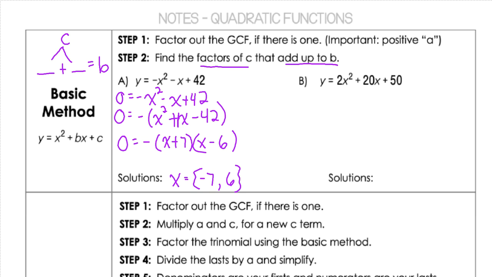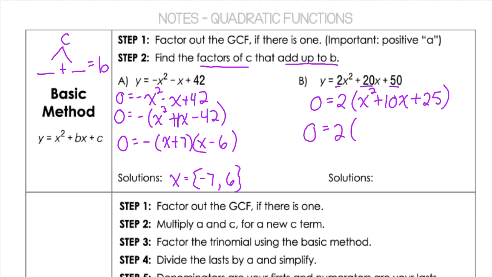Okay, let's try another one like that. On this one, I can see that 2 out in front. So I'm going to set it equal to 0, and I'm going to factor out that 2. Dividing each term by 2, it's going to leave me with x squared plus 10x plus 25. And then again, I'm looking for the factors of 25 that add up to 10.